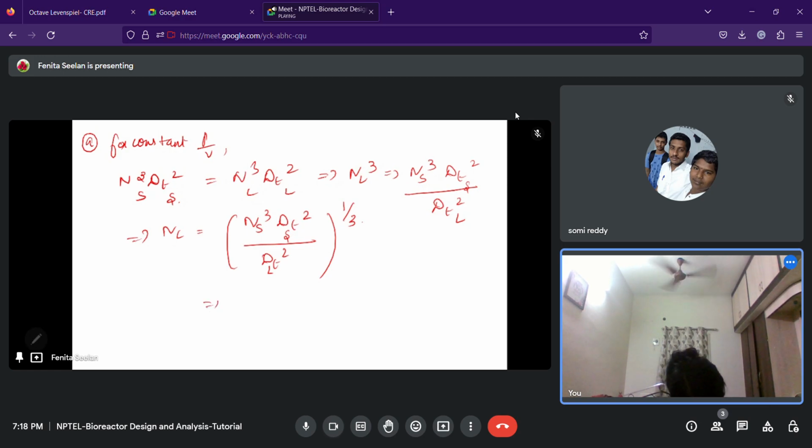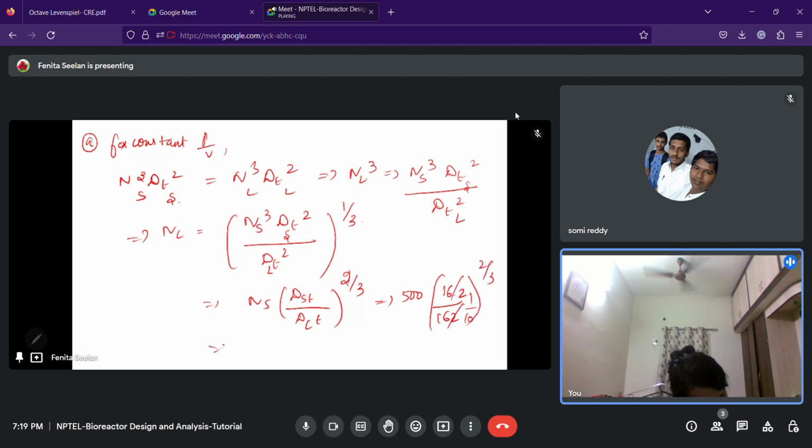So NL is equal to NS into dts divided by dtL, the whole power of 2 by 3. What is your small scale reactor's agitation? It is 500 rpm, and this is actually 16.2 divided by 162 centimeter, 1 by 10, right?